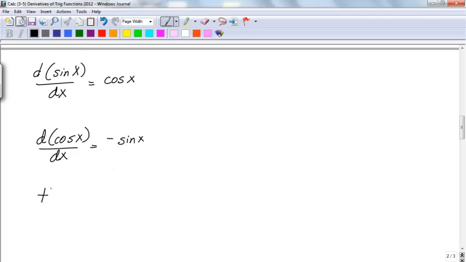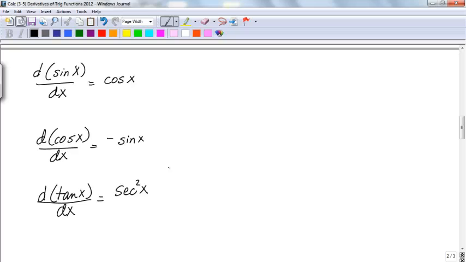And then the derivative of tangent of x with respect to x is secant squared x. Okay, so those are the derivatives for sine, cosine, and tangent.